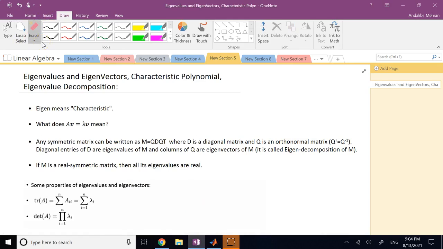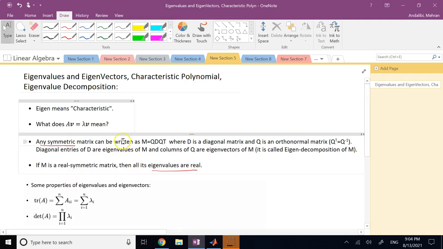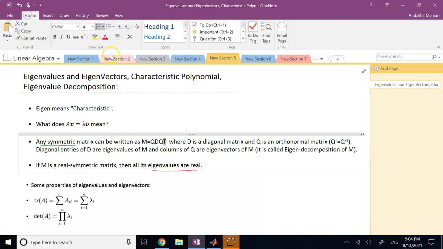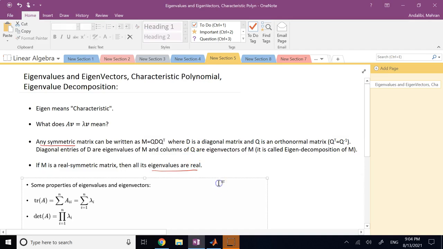Keep in mind, there is a proof behind it, but we are not after proofs. So now, the eigen-decomposition theorem says, if you have a matrix which is symmetric, which means eigenvalues of it are real, and here we assume the numbers we are selecting for the entries of the matrix are real numbers, then your matrix M can be written as the product of 3 matrices, Q, D, and the transpose of Q, where D is a diagonal matrix.